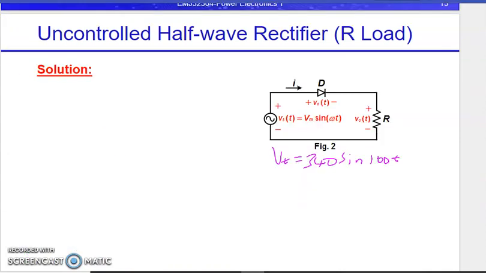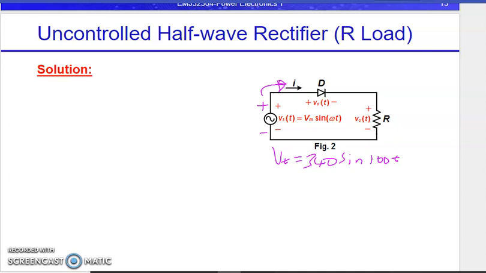Then only you proceed with the question. So you resketch the circuit, and note the polarities of the components. The source supplies the circuit in a clockwise rotation. So the current flows from positive to the device in this manner.